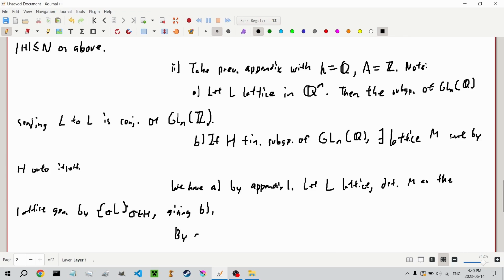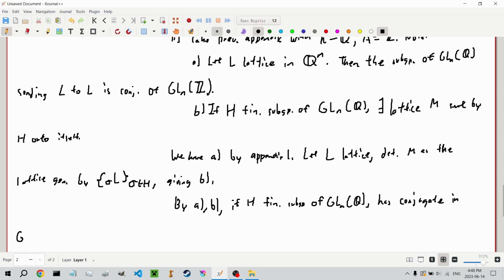So now by part A and part B, we see if H is a finite subgroup of GLn of Q, it has a conjugate in GLn of Z. So we can consider finite subgroups of GLn(Z).